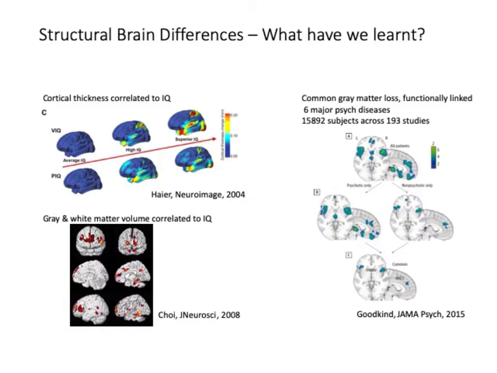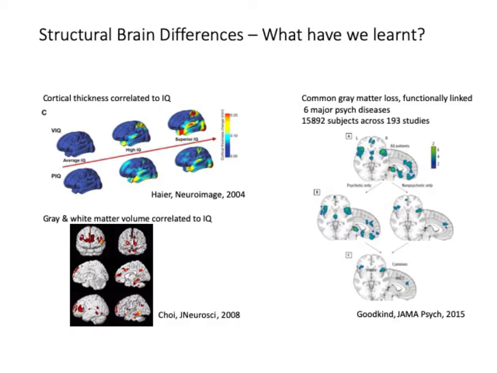So what have we learned from the preliminary studies of structural differences? Early studies have established a link between cortical thickness, gray and white matter volume, with IQ. The figures on the left side of the slide show the brain regions whose cortical thickness and volume were most sensitive to differences in intelligence.